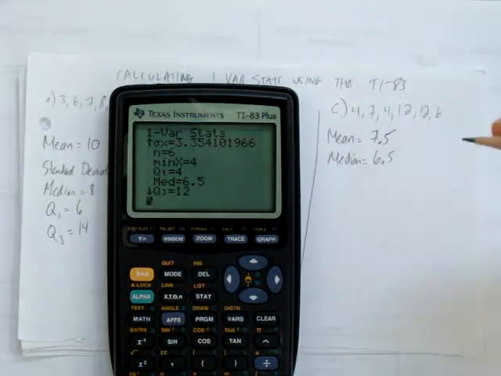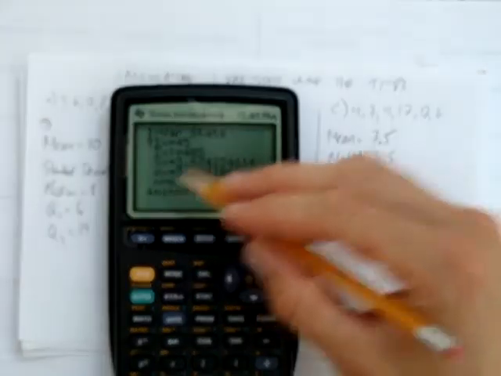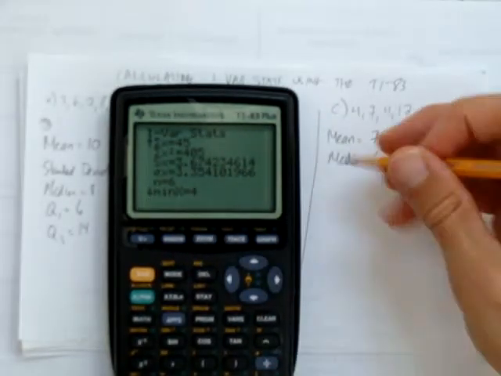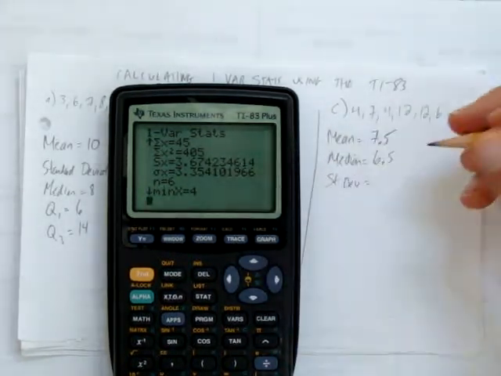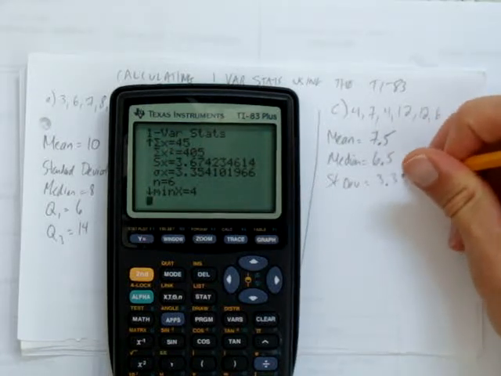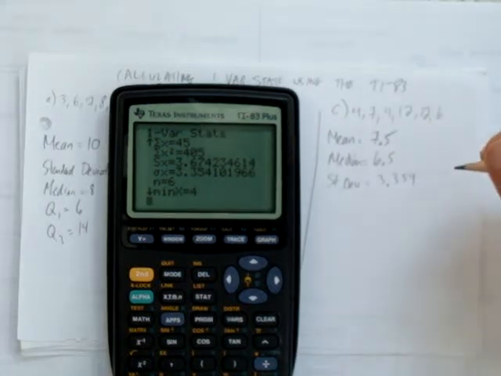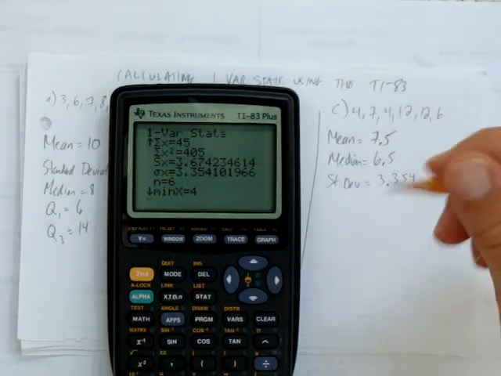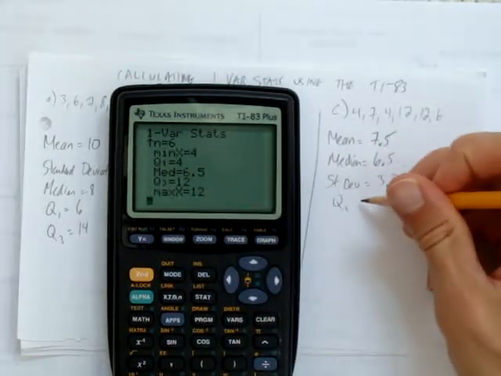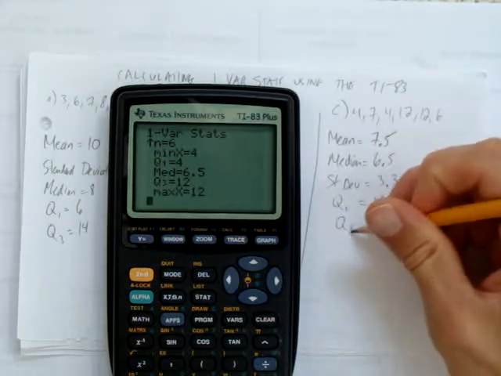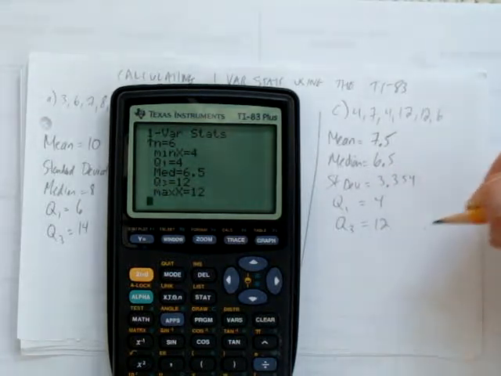There it is, median 6.5. Worth identifying the standard deviation, that's this one. Standard deviation is 3.354, a very low spread with these numbers compared to the others. And then we can identify too the Q1, the first quartile is 4, the third quartile is 12.